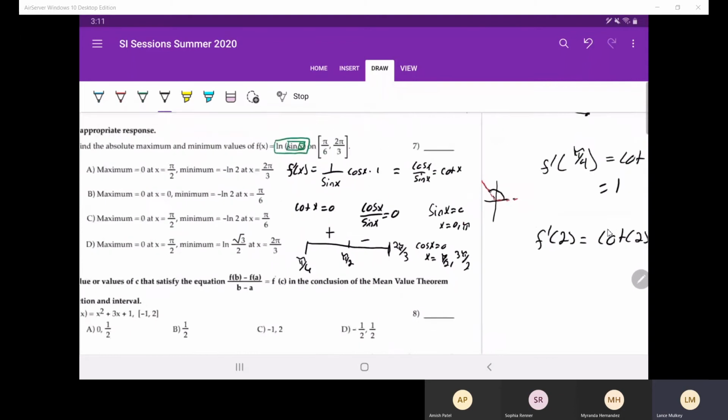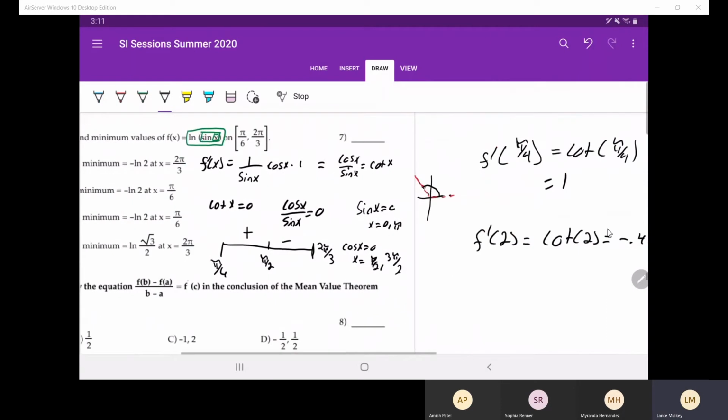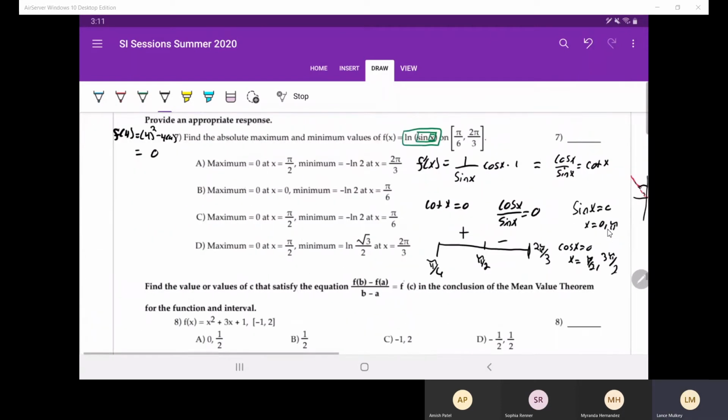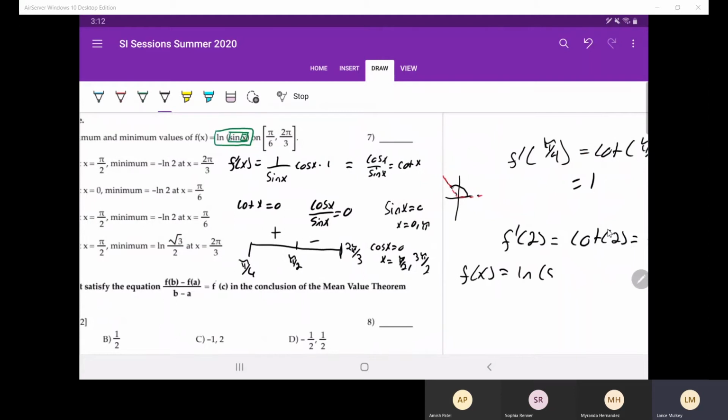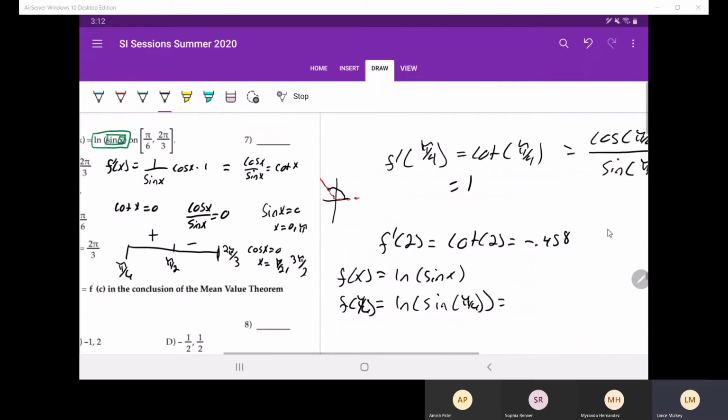So now you know where it's increasing and decreasing. But that's not it. Now you have to check all three of these values in the original equation. f of x equals natural log of sine x. So we'll do f of pi over 6 equals natural log of 1/2.